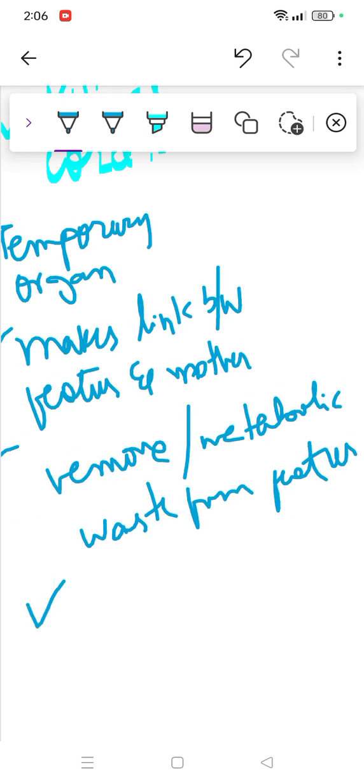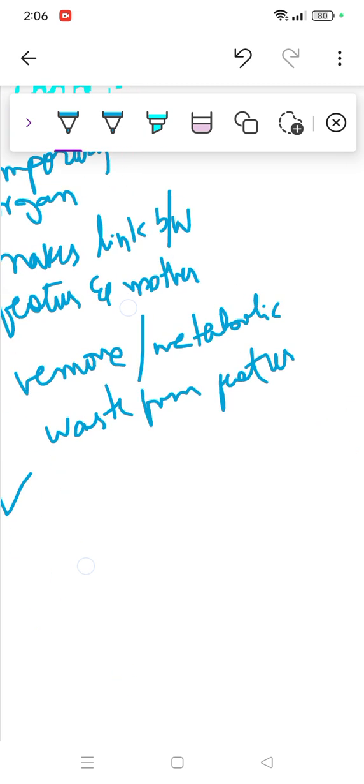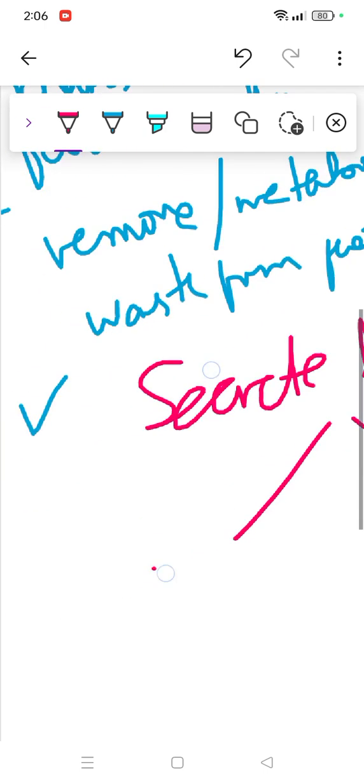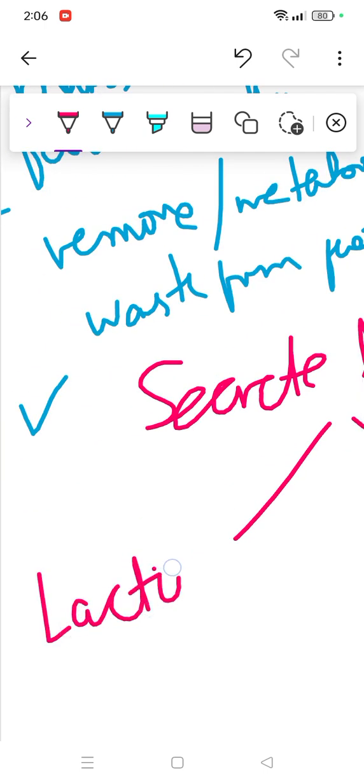Then it secretes two kinds of hormones as well. What type of hormones are these? These are lactogen, and we have another which is called progesterone.